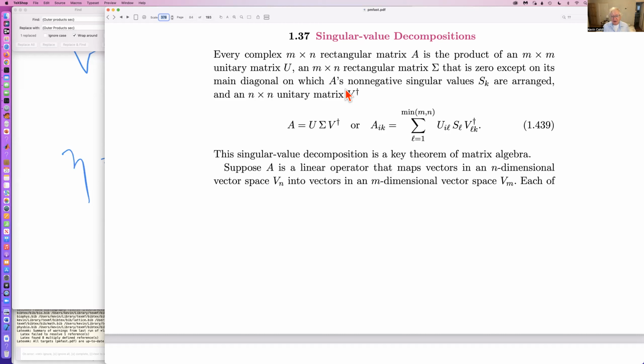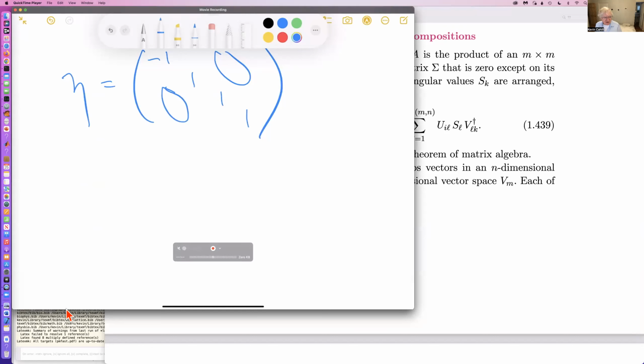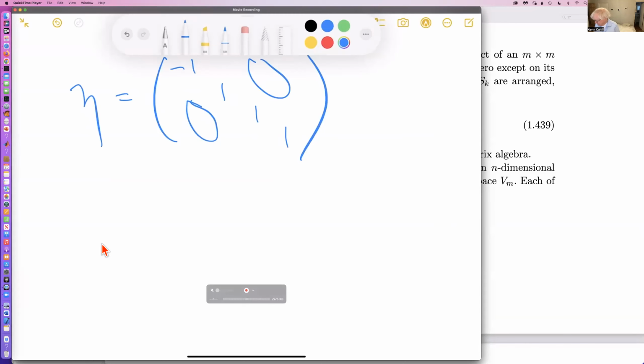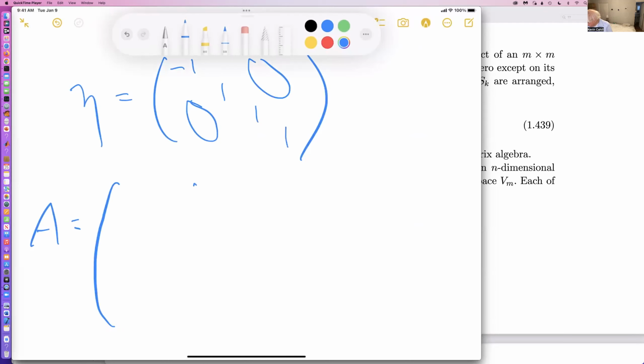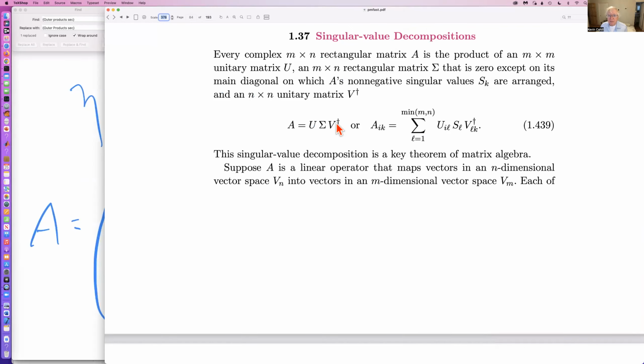What I like about this theorem or decomposition is that it is so very general. You start with an arbitrary matrix, any rectangular matrix. This matrix A that we're going to be talking about can look like this, or it can look like this. It doesn't need to be square. It's just an arbitrary complex matrix. It doesn't need to have any special properties at all.